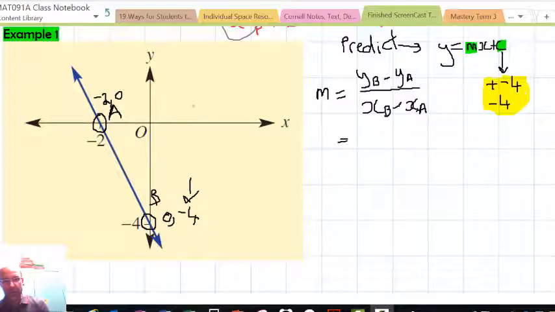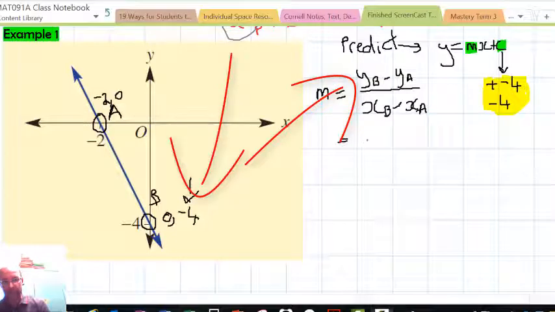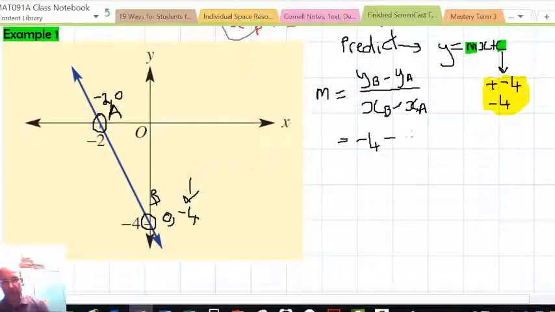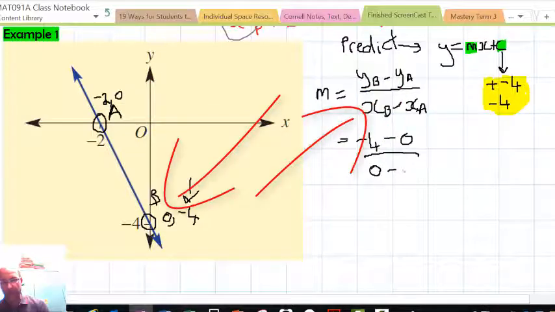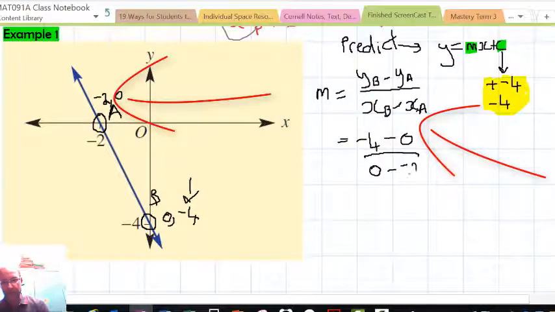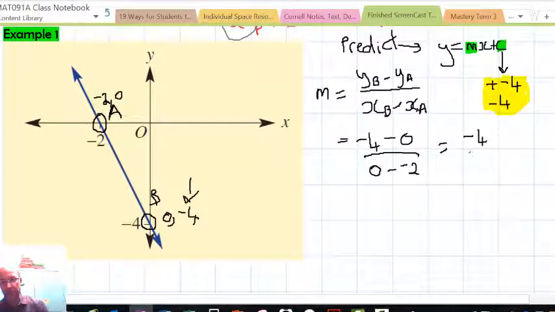So we need to substitute the y coordinate of point B, which was -4. If you look at the graph to your left, the y coordinate of point A, which is 0, the x coordinate of point B, which is 0, and the x coordinate of point A, which is -2. And we've got -4 minus 0, which is -4.